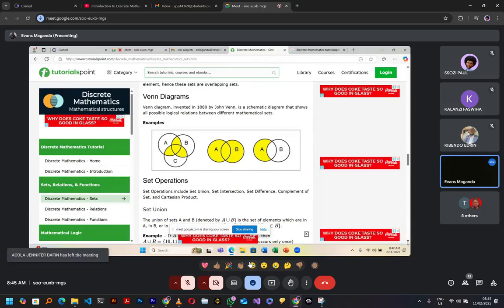So now, how do we represent those? That's why I was saying we have used the rectangle to represent the universe. Those other subcategories and entities, we represent them using the oval shapes, depending on the relationship. The relationships there could be that you are looking at maybe the common subjects they are doing, how many students are doing BIT, or you could start looking at what courses they offer.